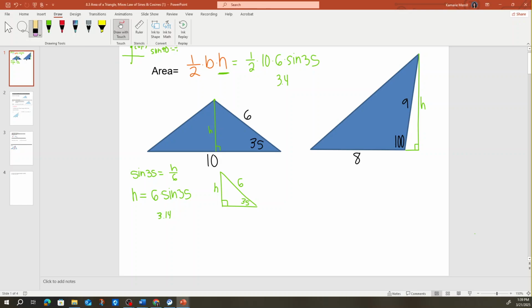I'm going to leave it actually for my notes. But the other leg, and then sine of the included angle. So do you guys notice that this leg and this leg were able to form this right triangle, and I was able to come up with the height. So therefore it works out that 1/2 my base times my other leg times my sine of 35 is also a formula for a triangle.